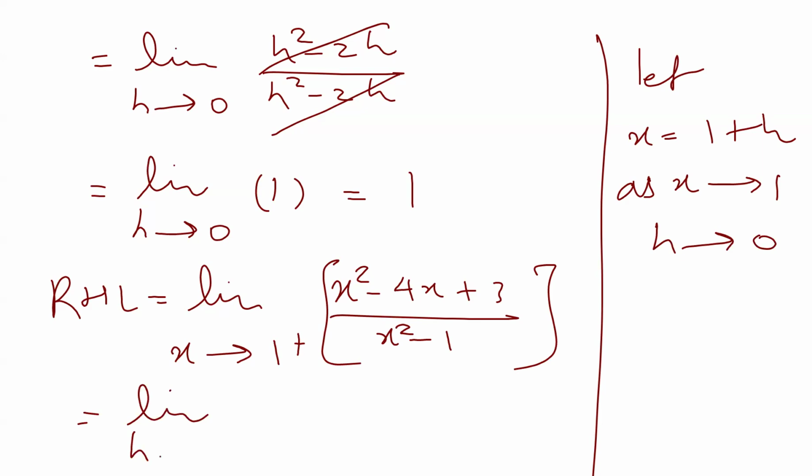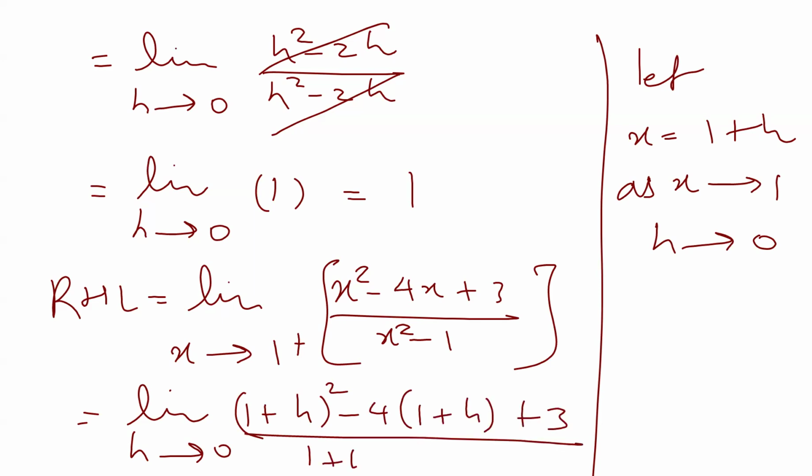So limit h approaching 0, (1 plus h) the whole square minus 4 into (1 plus h) plus 3 upon (1 plus h) the whole square minus 1. As you have noticed in the previous part, we have expanded this because there is a denominator. So right now also I will just expand this.